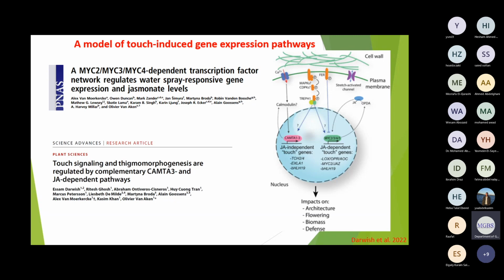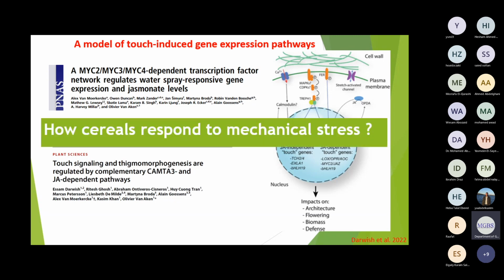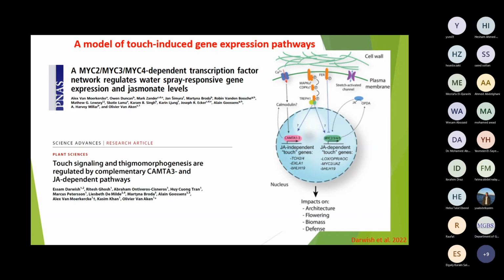When the membrane is affected by mechanical stress, there is some stretching of the plasma membrane, and this leads to activation of this channel and influx of calcium inside the cell.